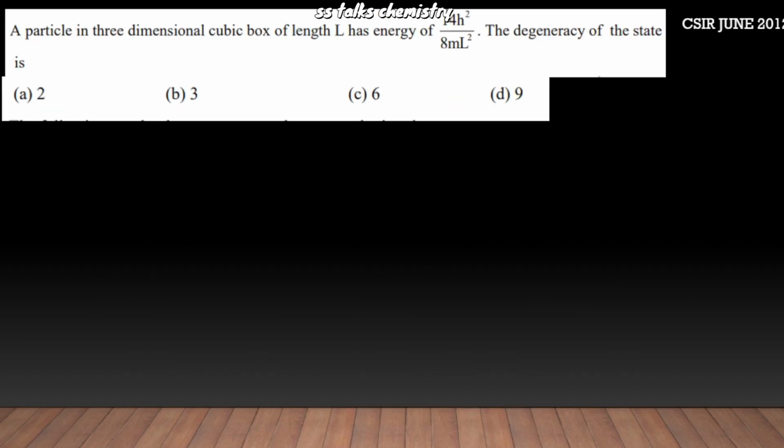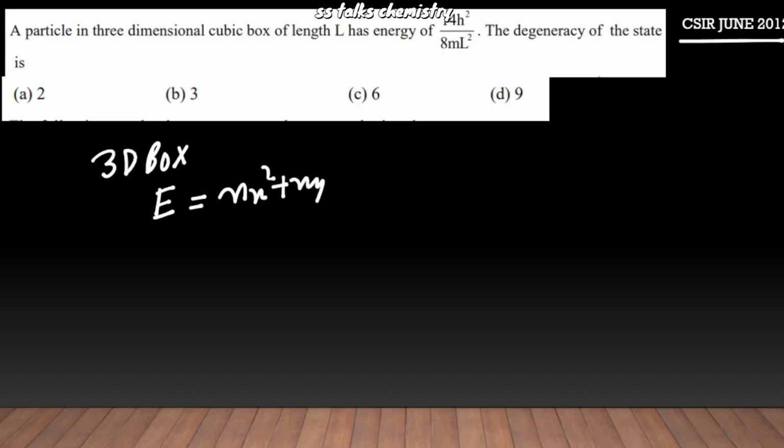Next, this one, CSIR June 2012 only. A particle in a 3-dimensional cubic box of length L has the energy 14 h square upon 8 mL square. For a 3D box, the energy value is nx square plus ny square plus nz square, into h square upon 8 mL square.